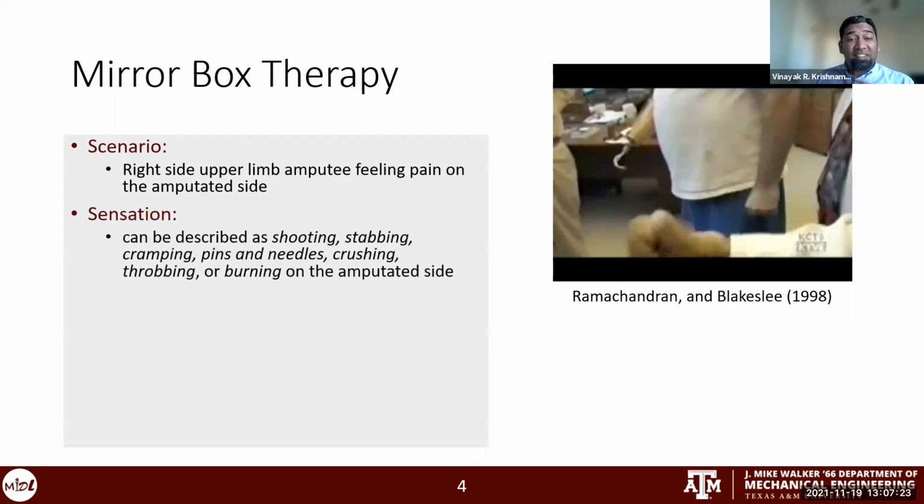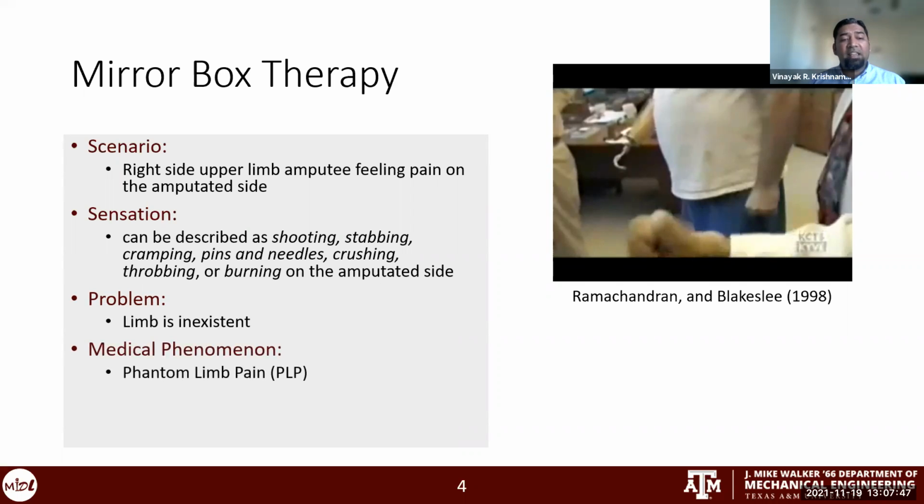People actually face this problem where they have a very sharp sensation of shooting, stabbing, cramping, or burning, sometimes even scratching. Something as simple as not being able to scratch your arm that doesn't exist can cause extreme problems, both physiologically and psychologically. This is also known as phantom limb syndrome.